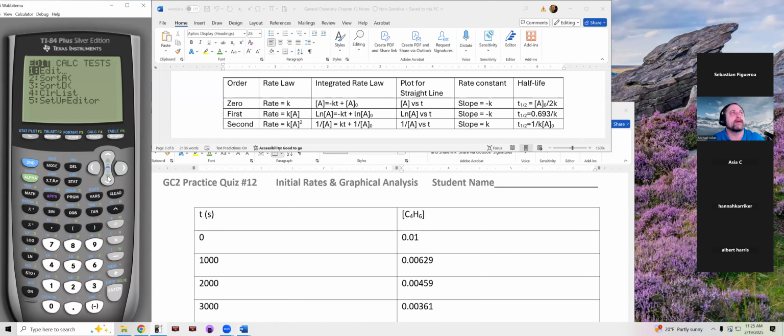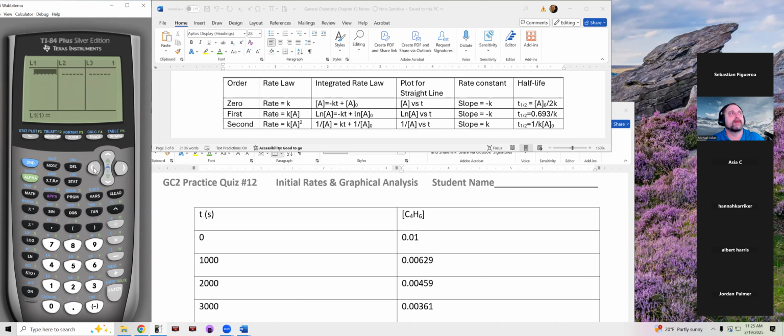I'm going to go to stat and I'm going to hit edit. I've already got a bunch of values in. If I just hit clear here, it's only going to clear the one value, and that's not what we want. So I'm going to go all the way to the top and hit clear and then enter, and I'm just going to get all this old data out of here. You can also do it from where I hit stat; there's an option there to clear a whole list.